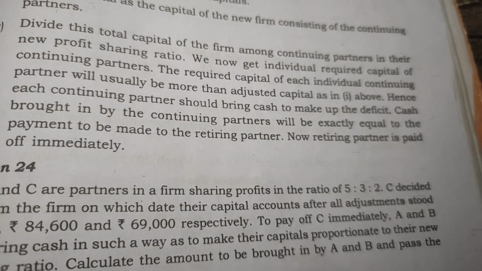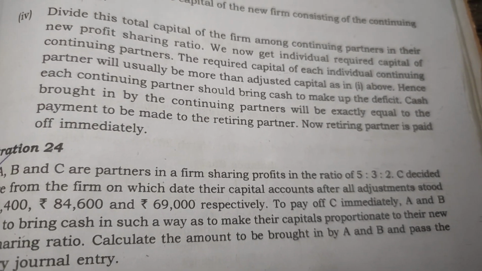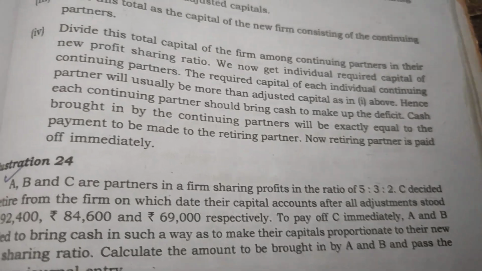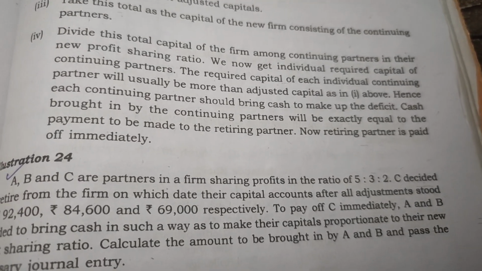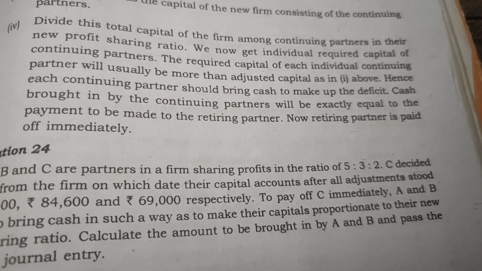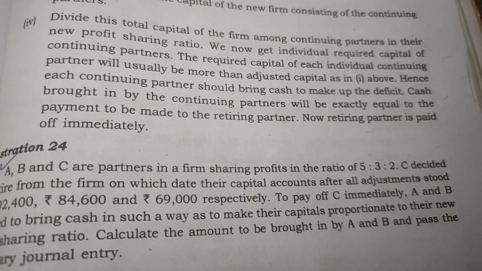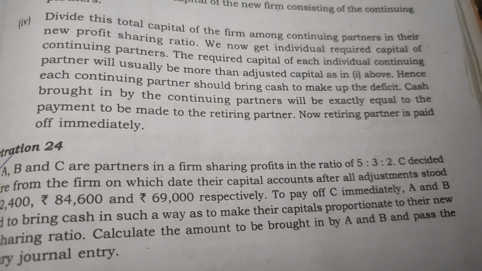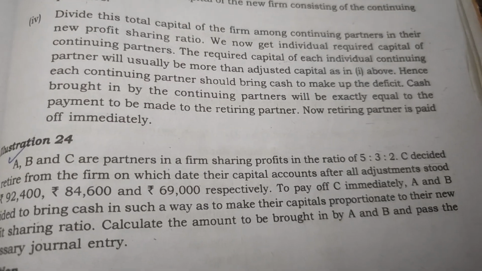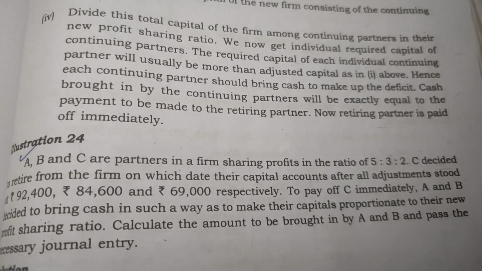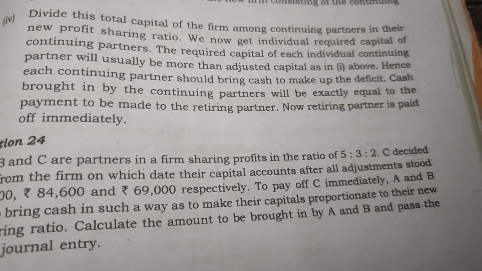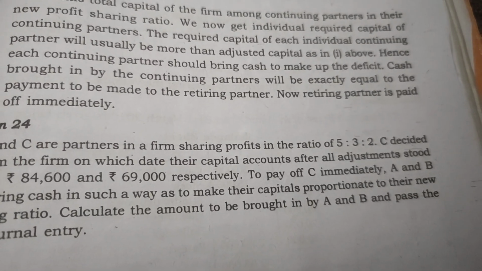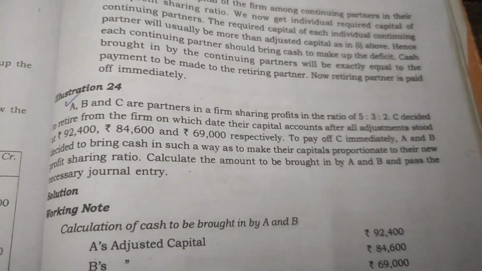Cash brought in by the continuing partners will be exactly equal to the payment to be made to the retiring partner. The total of the cash to be brought by the continuing partners should be equal to the amount paid to the retiring partner. Now, the retiring partner is paid off immediately.